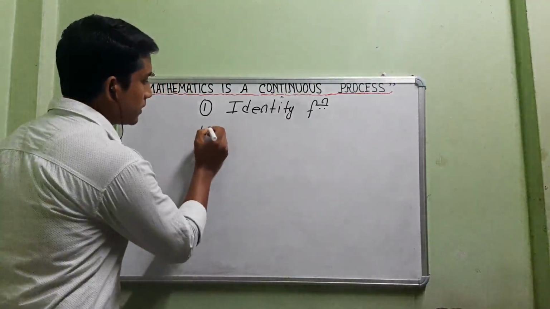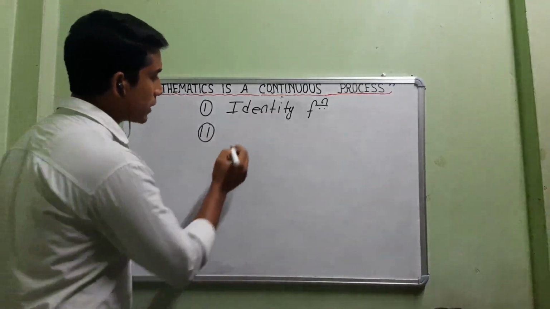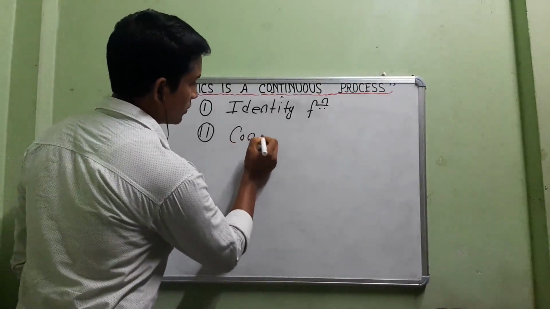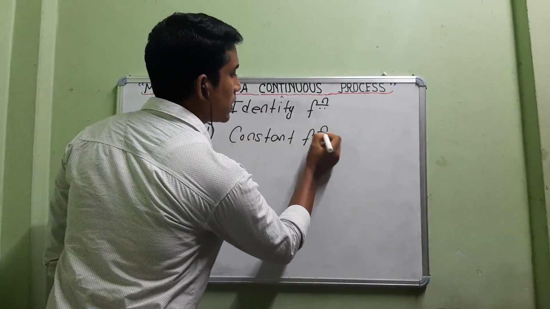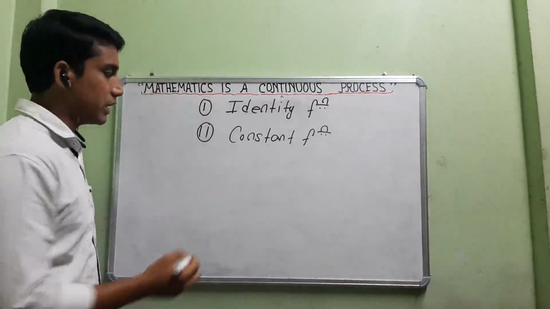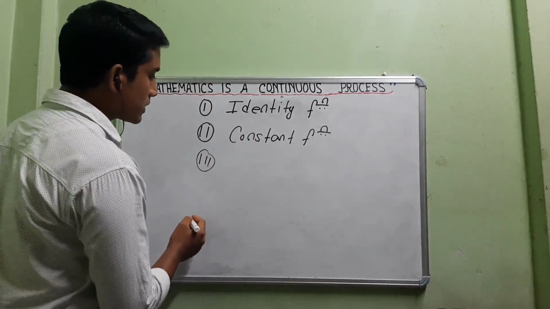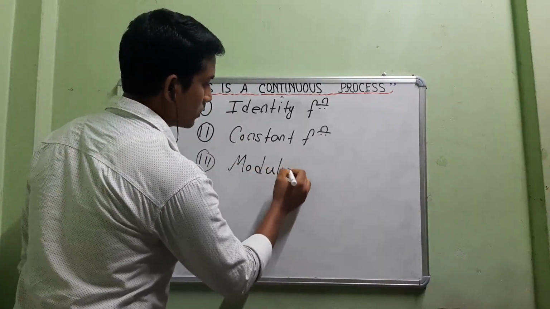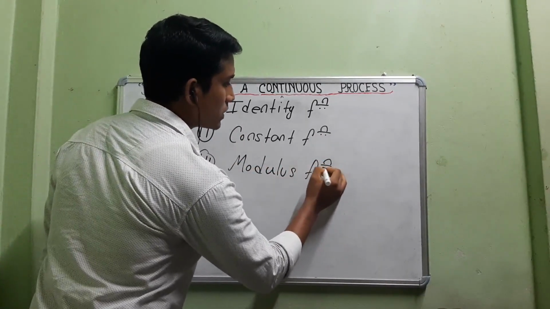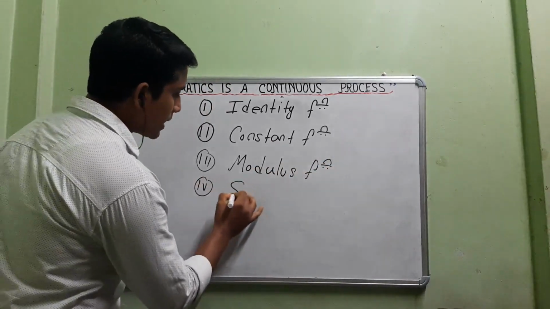Then the second important function that we will discuss in this video is called the constant function. I'll discuss everything in detail, graphically. Then we'll discuss the modulus function, then the signum function.